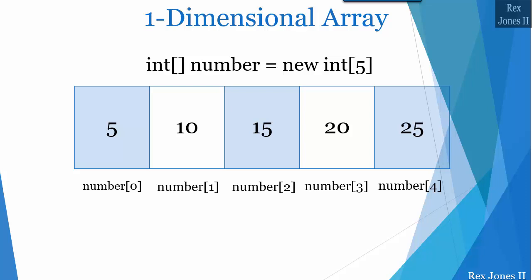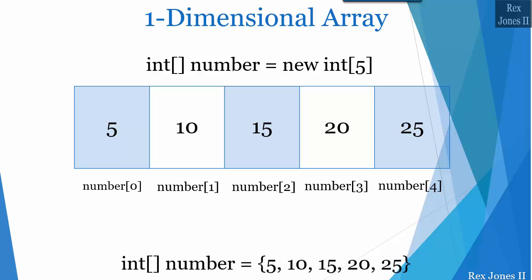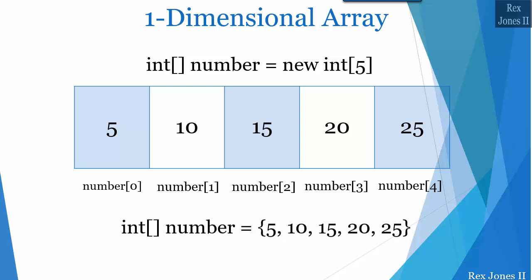In this example, we know the values are 5, 10, 15, 20, and 25. If you know the value of each array's element, then you can initialize the array with curly braces. Add opening and closing braces, then the values separated by a comma.